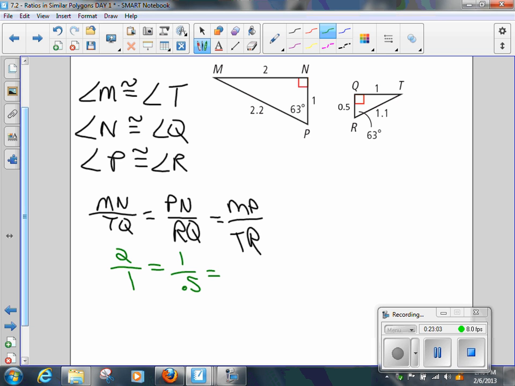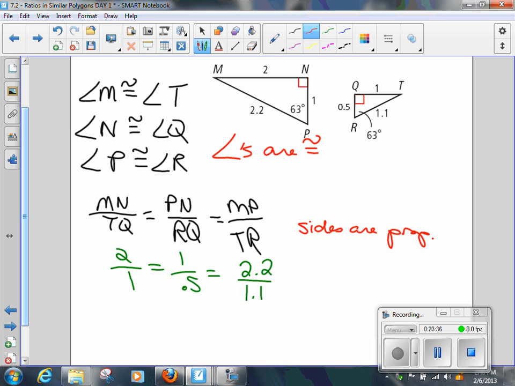MP, 2.2, TR, 1.1. Do you notice anything? They're double. If you look at the denominator, that number has been doubled and it's put on top, right? They are proportional sides. Angles are congruent. Sides are what? Proportional. Okay, write this down.